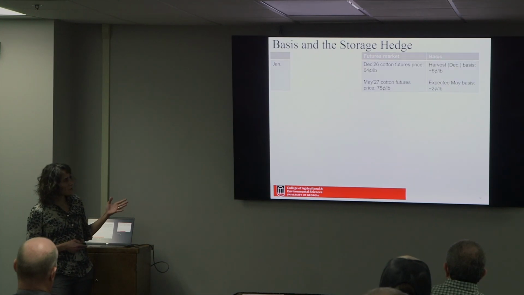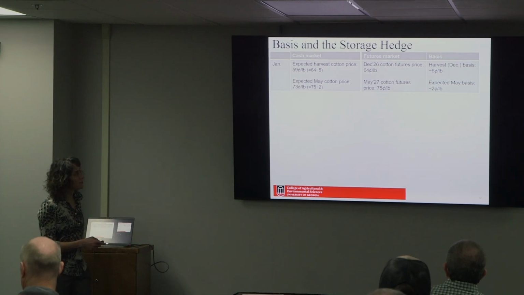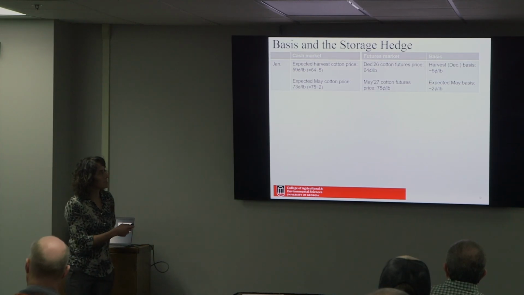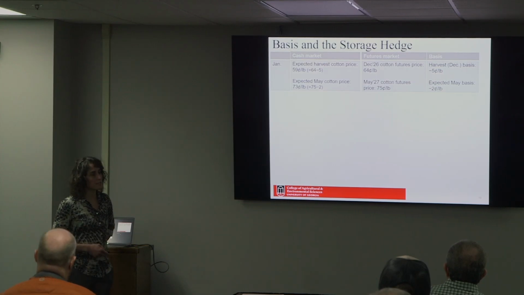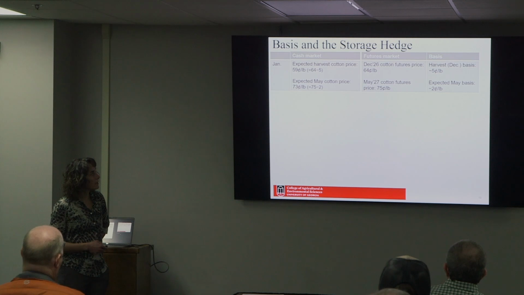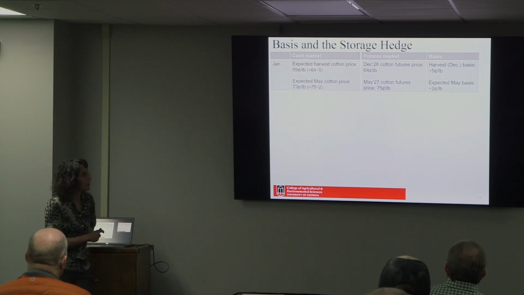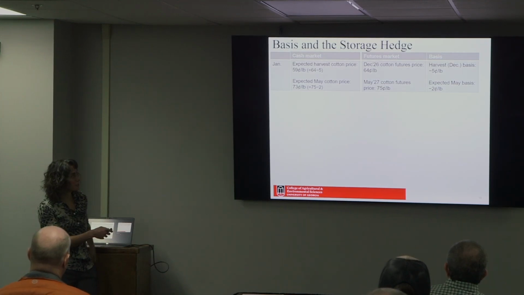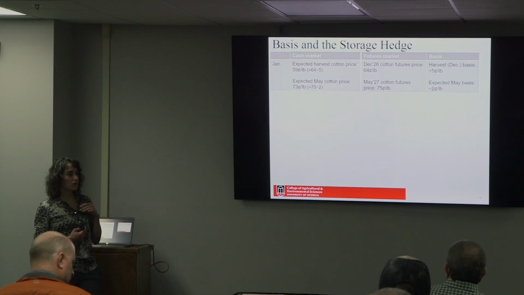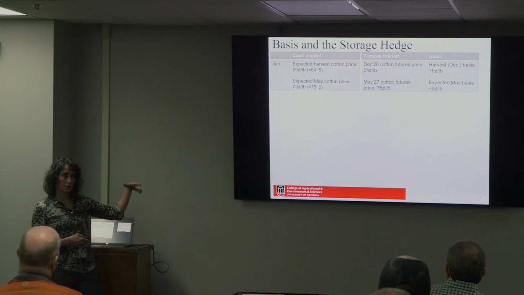So I'll give a very brief example here. Let's say December cotton futures price is 64, that's after harvest, and the harvest basis is -5. That means expected harvest cotton spot price is 59. And then the May delivery, that is farther out than the December, futures price is 75 cents per pound, and you expect the basis in May to be -2.